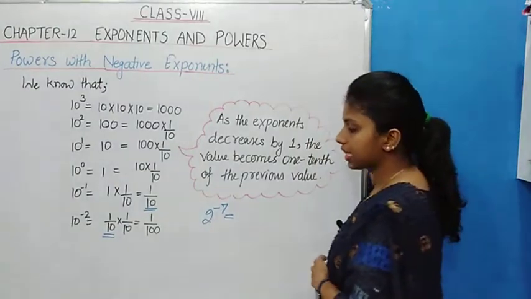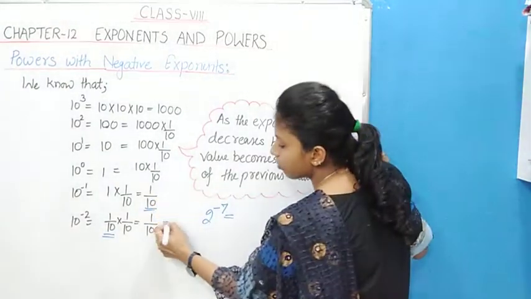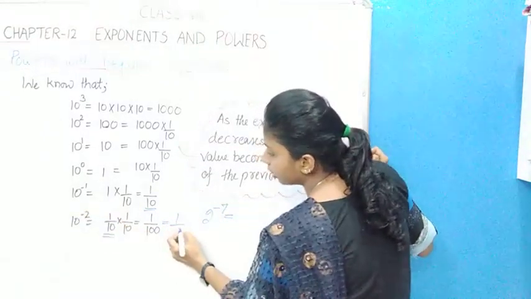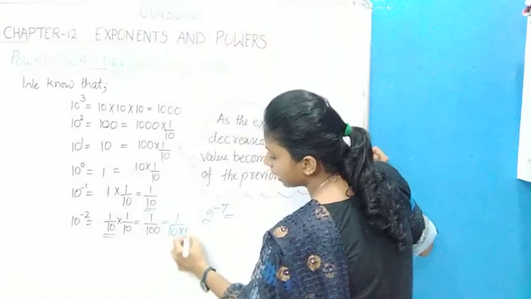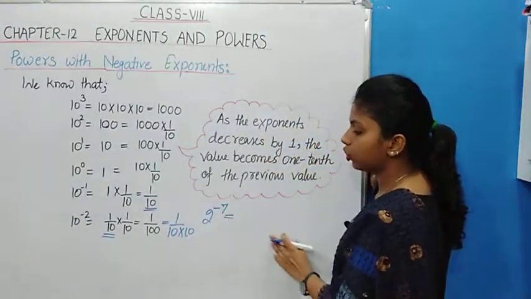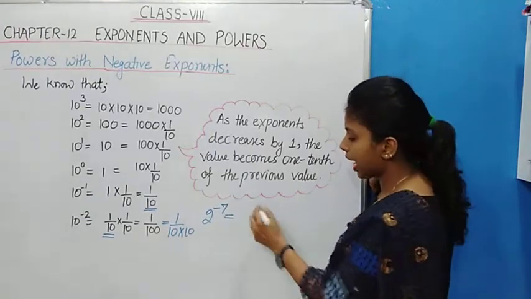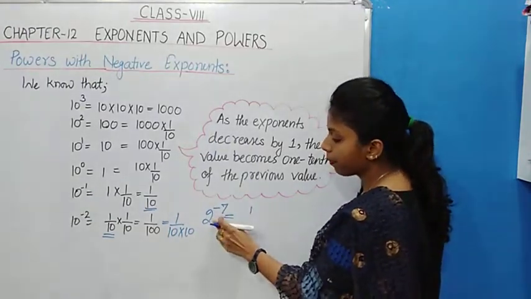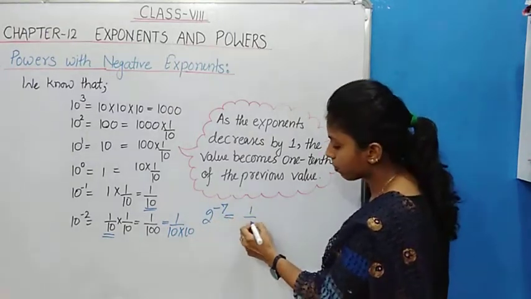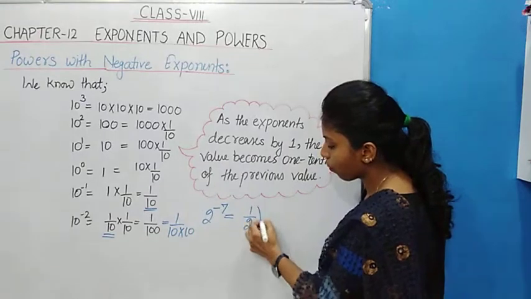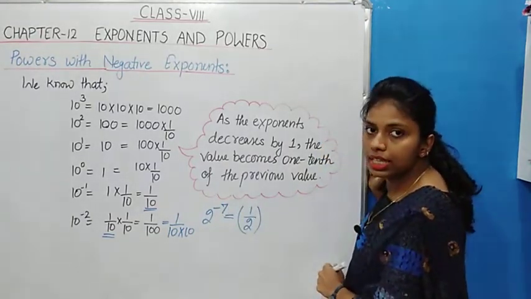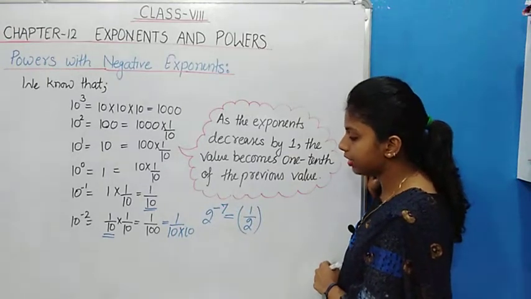This value becomes 1 by 2 raised to power 7. We can write 2 raised to power -7 using the reciprocal of the base: the base is 2, so the reciprocal is 1 by 2, and the power becomes the positive of the same exponent.